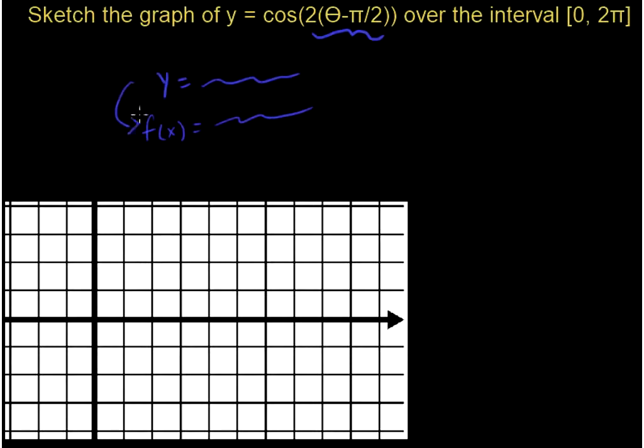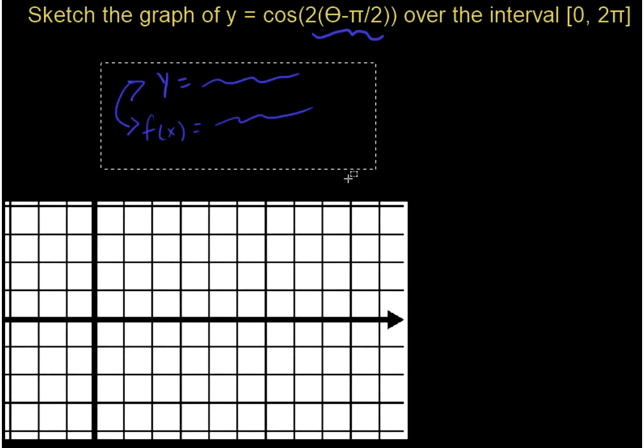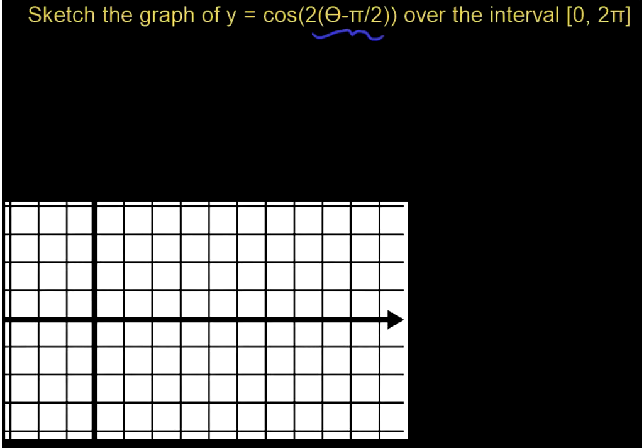These two are interchangeable when you're graphing, just so you know that. So y is equal to cosine, and we can just distribute this 2 through following normal algebra. That would give you 2 theta minus pi.